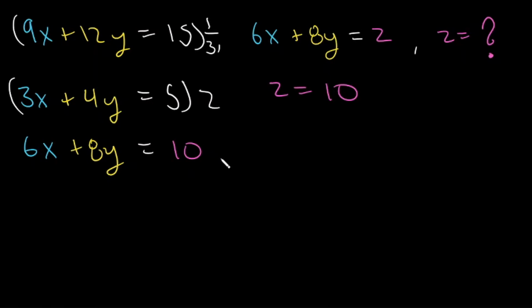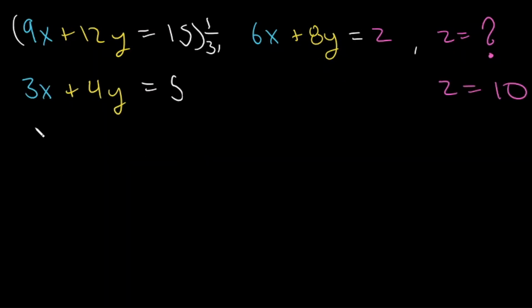That was one way of solving this, but there is another way, and that is to solve for one of the variables in our first equation and plug it into our second one using substitution. We don't need to start back at the first equation. We can just use the simplified version, 3x plus 4y is equal to 5.